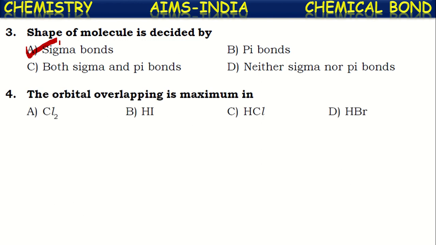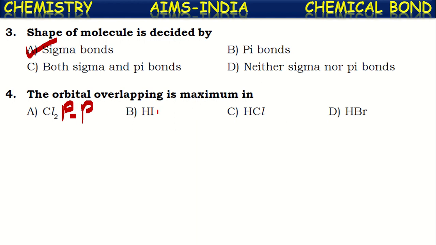Next one: the orbital overlapping is maximum in. So in which molecule will the orbital overlapping be maximum? If you understand what kind of overlapping exists in these molecules, then we can say where the extent of overlapping is maximum. In the molecule Cl2, the overlapping is pp overlapping, isn't it?